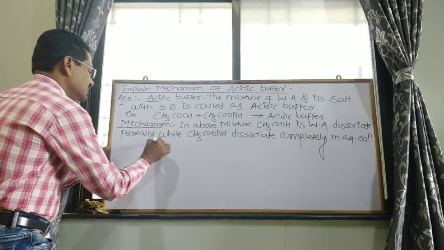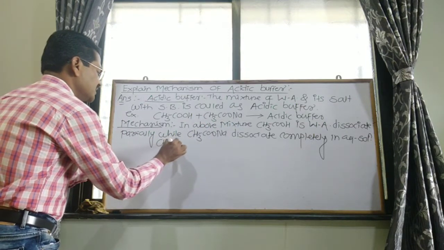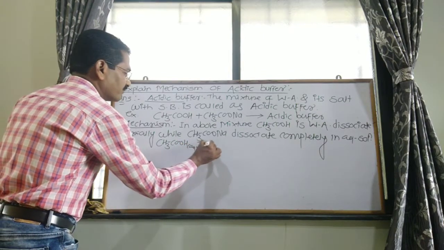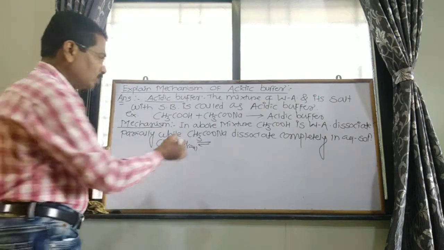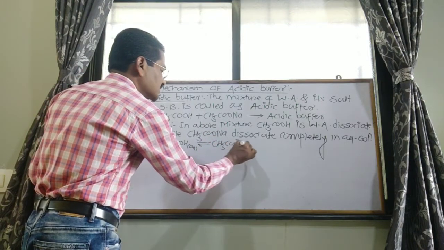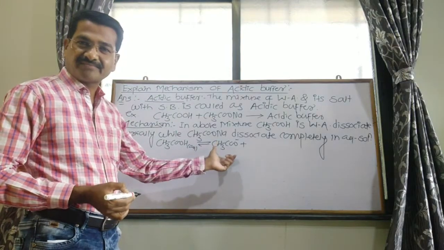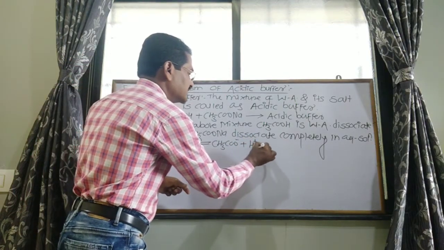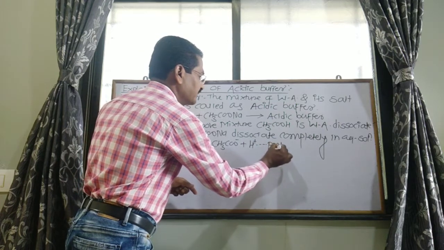First of all, this acetic acid, CH3COOH, in aqueous solution dissociates to give CH3COO minus, that is acetate ions, plus H plus ions. That is partial dissociation.